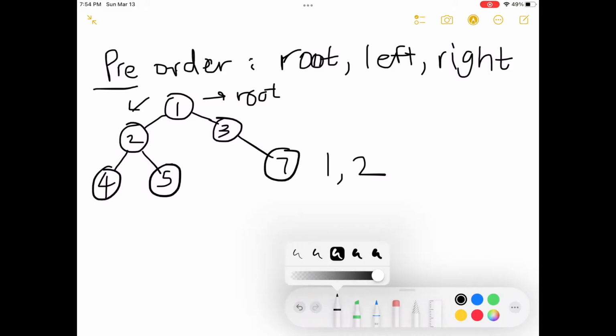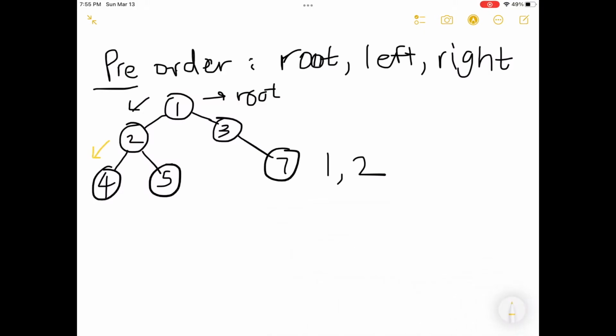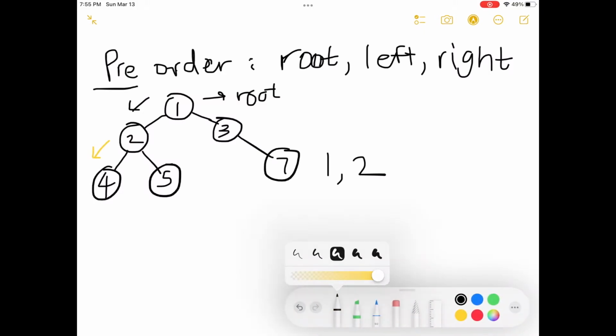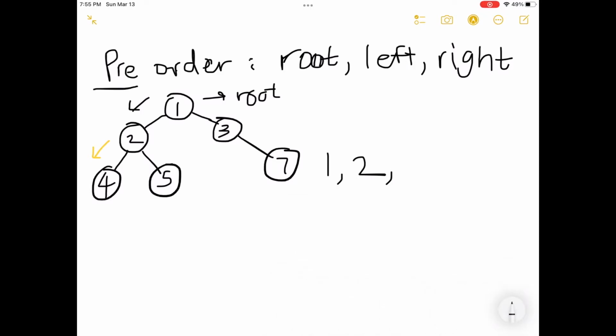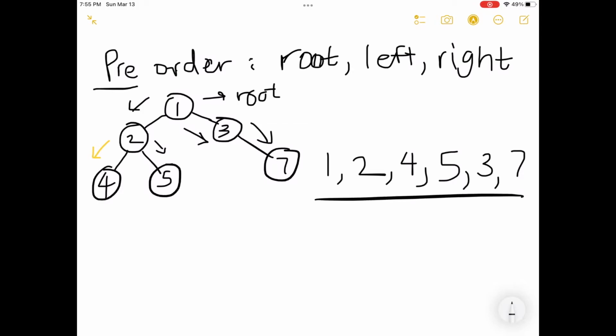We print the 2, and then I'm going to change the color here, and then we go down again and print the 4, sorry, that's the 4. And then we go to the right of this, which is a 5. Then we go all the way back to the root, and then we go to the right of this. We again go root first, then we check the left. There is no left node, there's nothing there, so we come back here, and then we go to the right again, and then we print a 7. This would be our pre-order traversal, so that's a pattern.